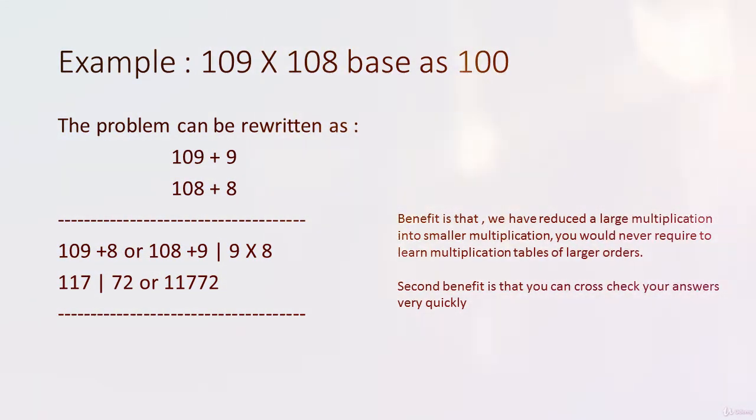For calculating the right hand side portion of the answer, we will do vertical multiplication between the digits which are in excess of our base, that is 9 multiplied by 8, and the answer is 72. The answer is in 2 digits, and the right hand side can hold 2 digits because the base is 100.